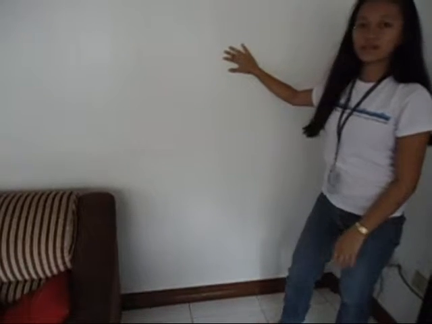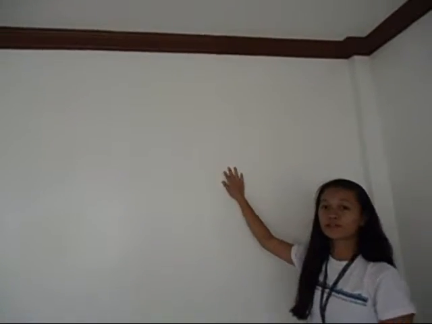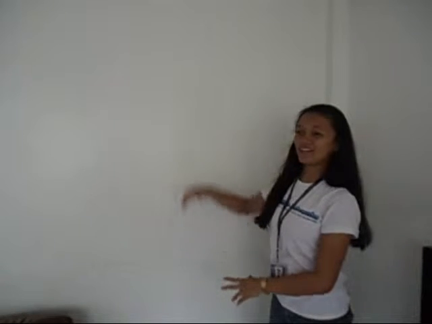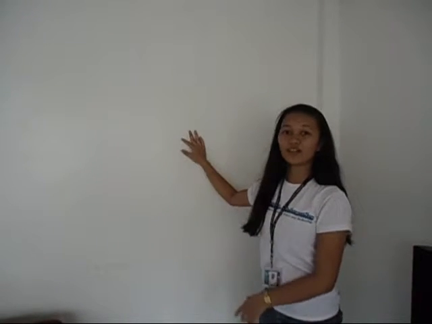The second dihedral angle is this wall and the ceiling. And their dihedral angle is at that edge. Suppose that this wall and the floor form a right angle. Also the ceiling and the wall form a right angle. So, by transitivity, these two dihedral angles are equal. Therefore, their plane angles are also equal.